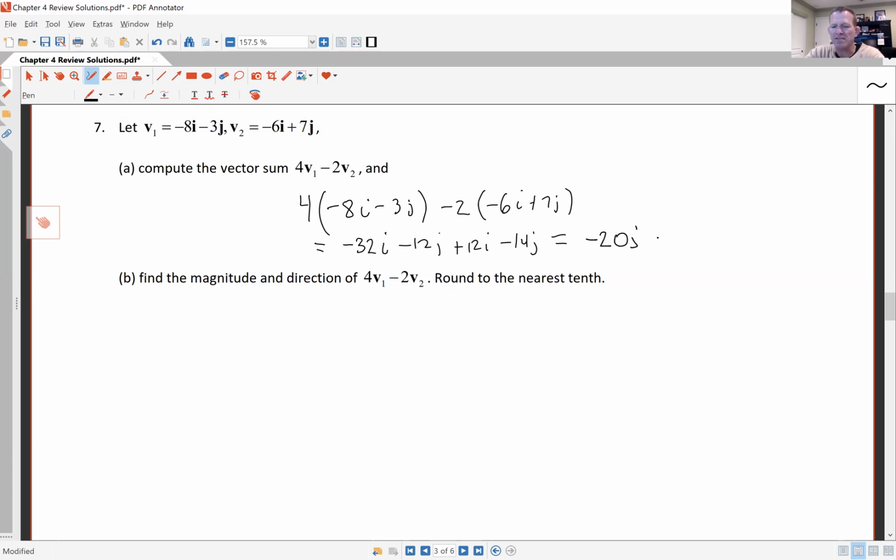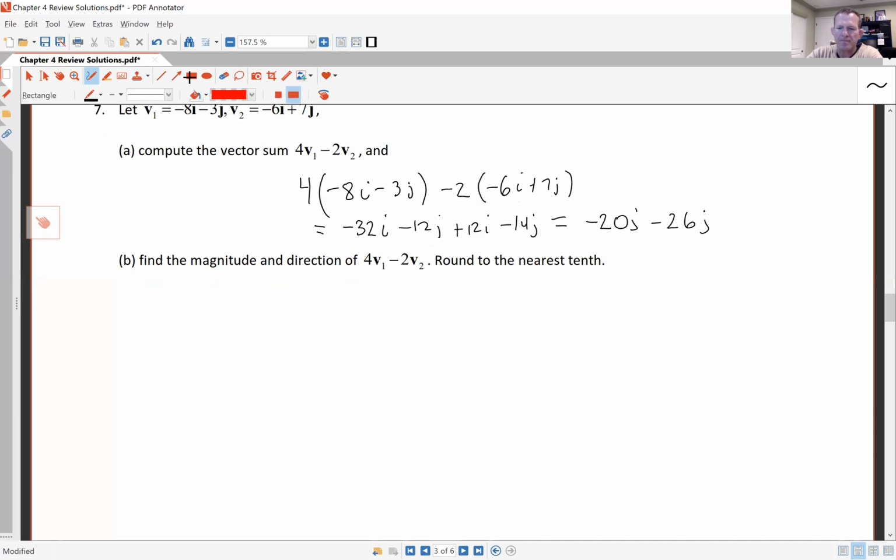And negative 12 minus 14 is negative 26j. So there's the vector for v1 minus 2v2.